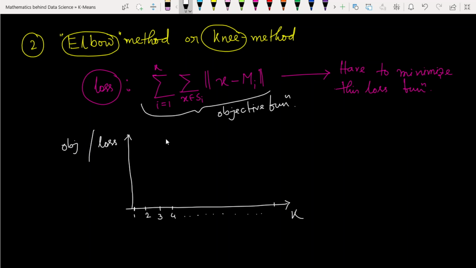If we plot this, then typically we get this kind of shape.